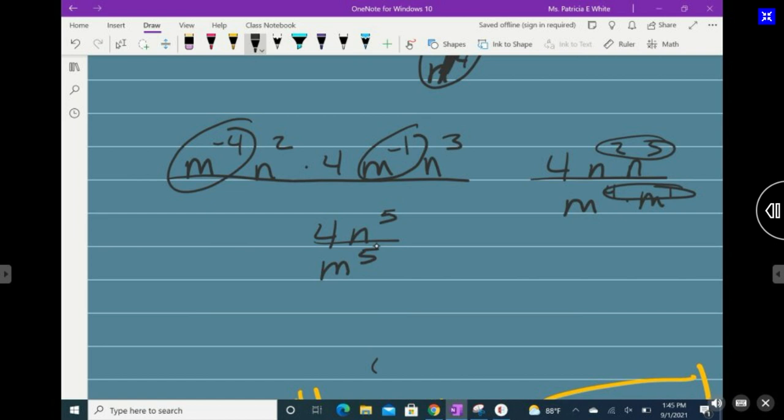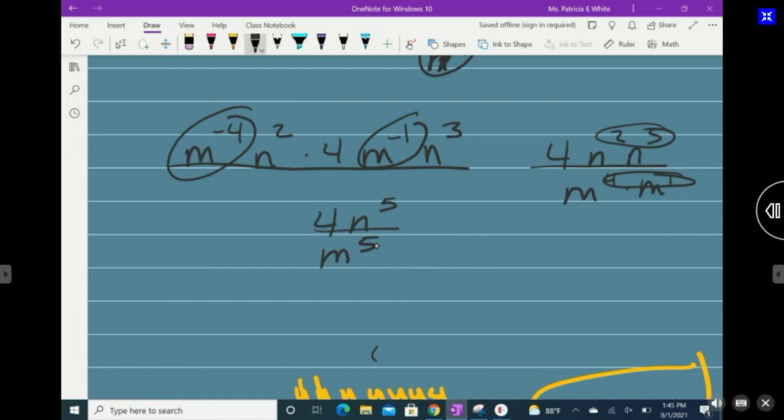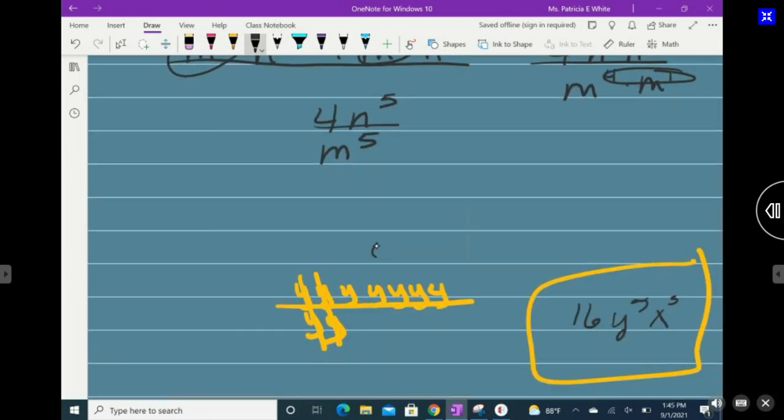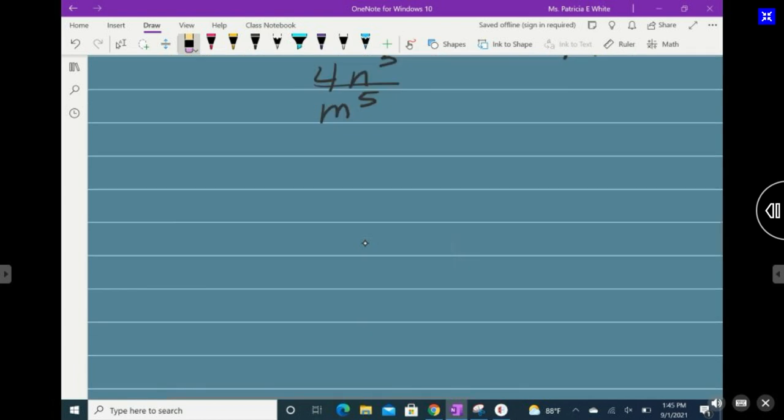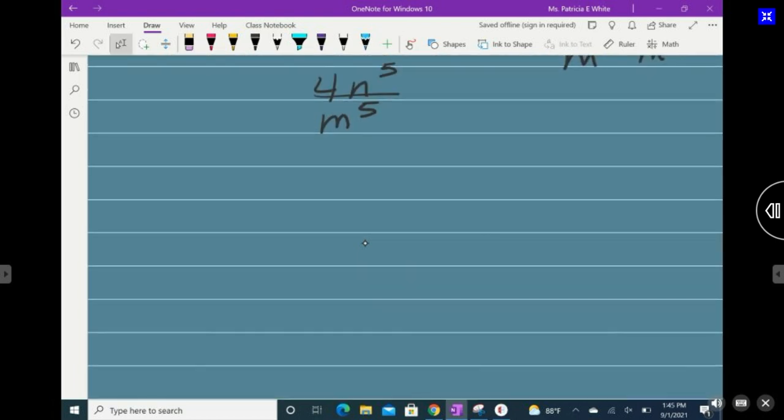All right, 28. What is that right there? That u to the 0 power. Any and every number in the world raised to the 0 power is a 1. Everybody says 0. 1, 1, 1, 1.